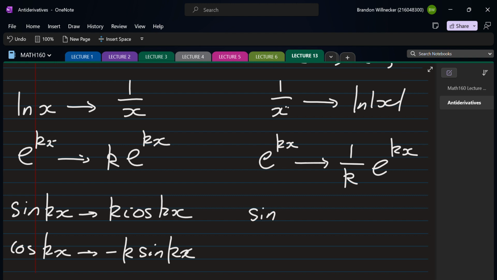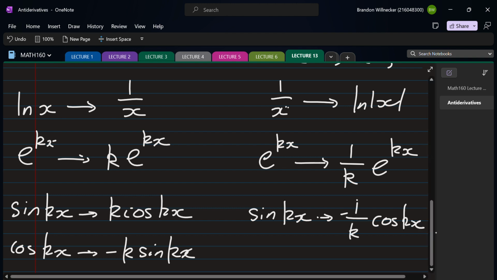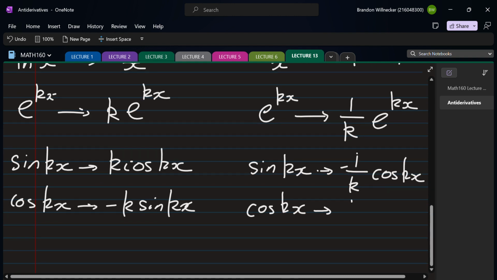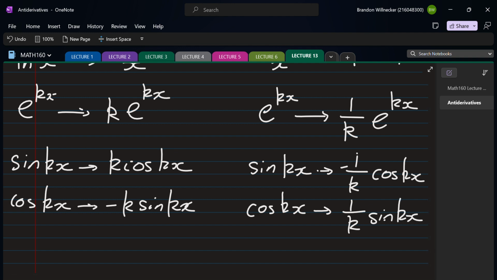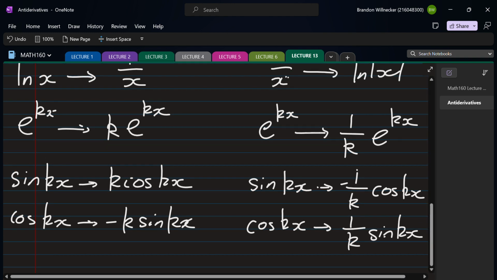So here, sine kx, that's going to become minus 1 over k cos kx, and then cos kx, that becomes 1 over k sine kx. Okay. So we have the usual behavior like with that e to the kx part.